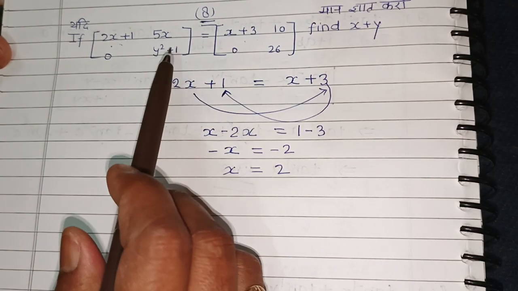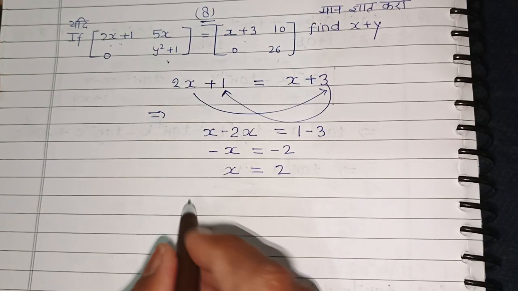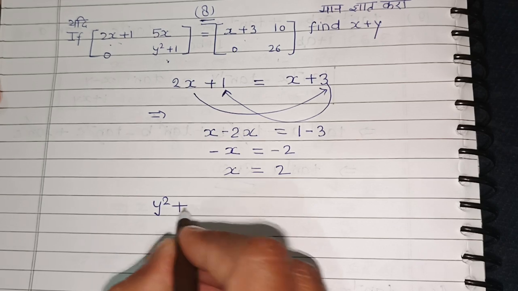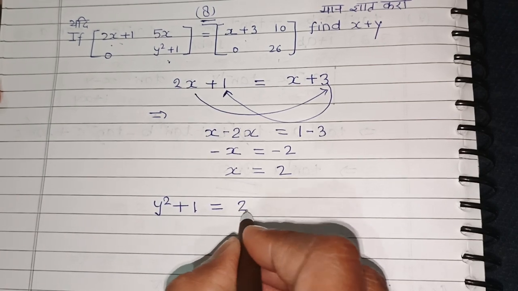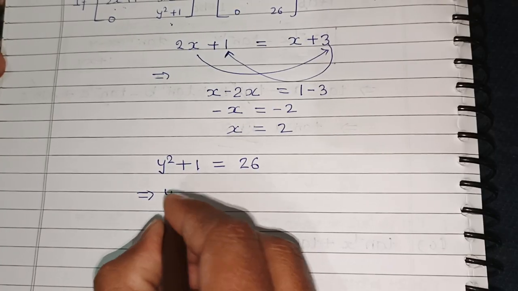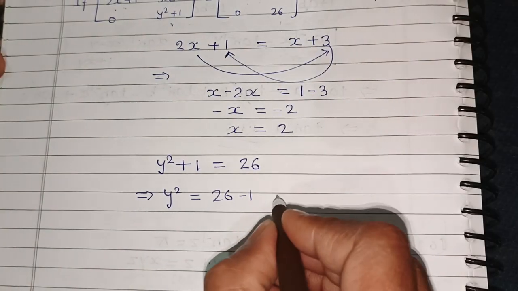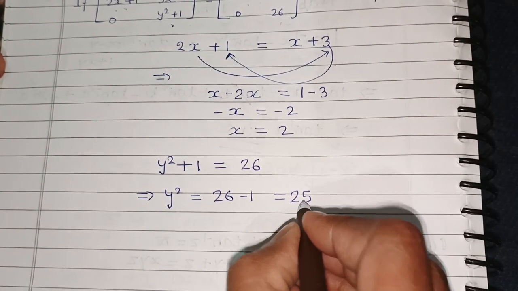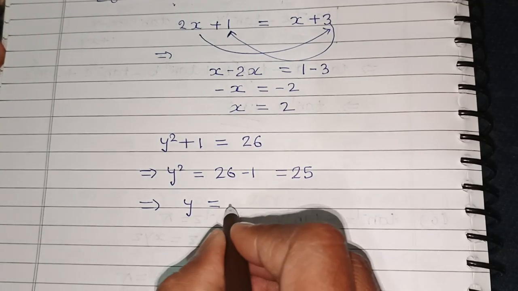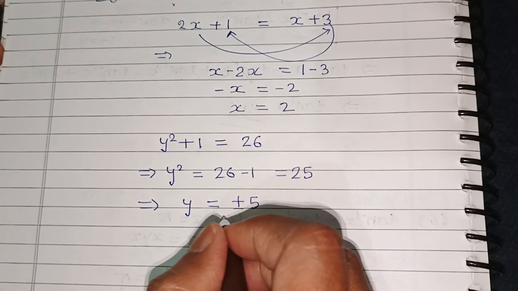Okay, now this matrix, this component element is equal to this element. Okay, so we can write y square plus 1 is equal to 26. So y square equal to 26 minus 1, that is 25. So y is equal to plus minus 5.